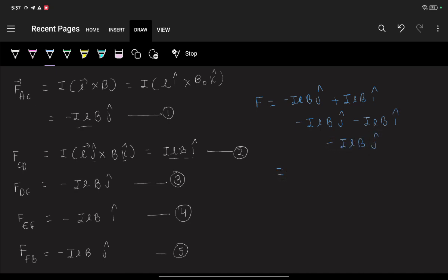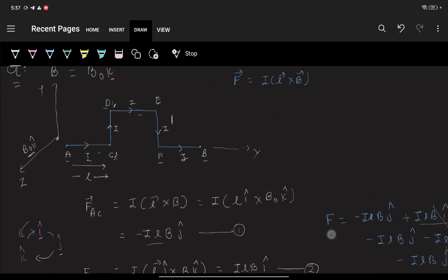Now cancel out the terms. This is plus ILB i cap and this is minus, so they will cancel out each other. So the final answer would be minus 3ILB j cap. That's it.